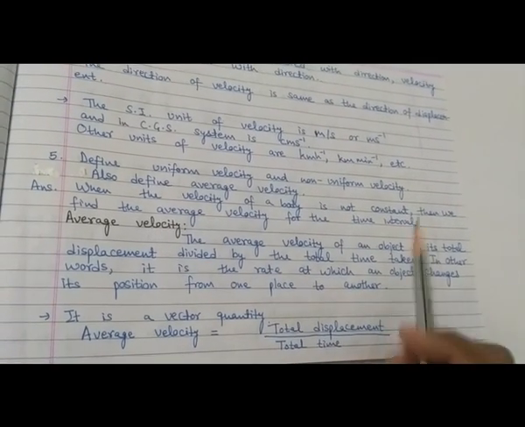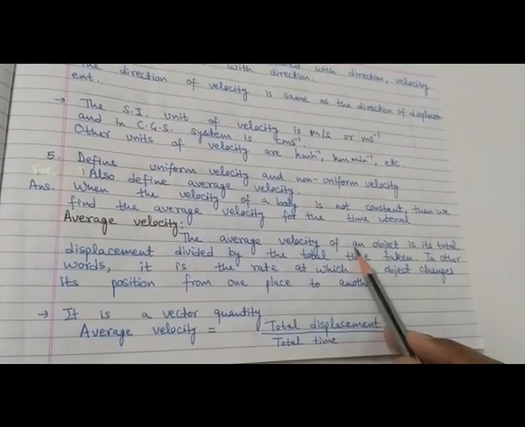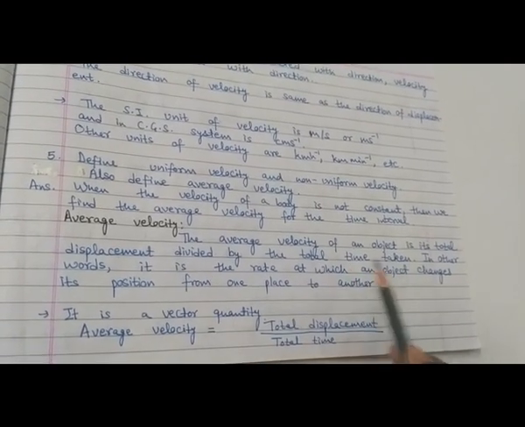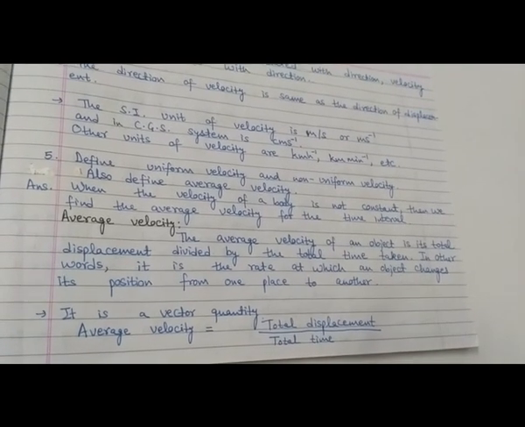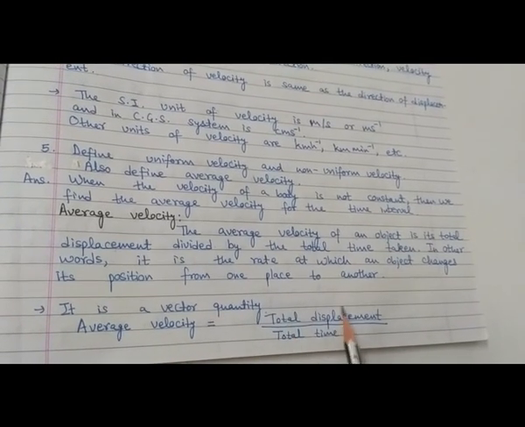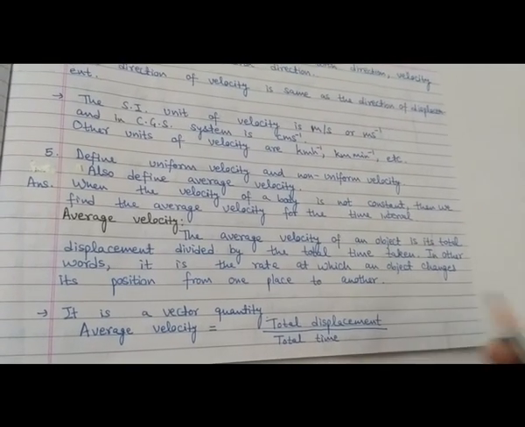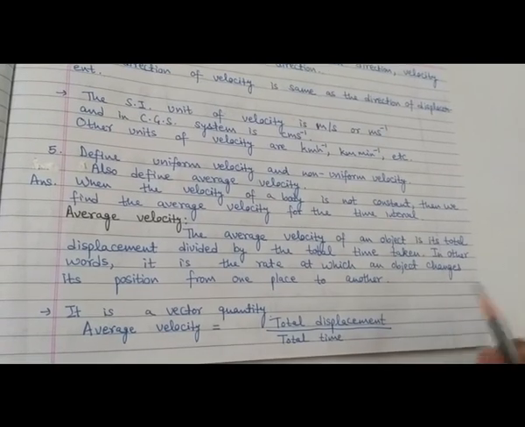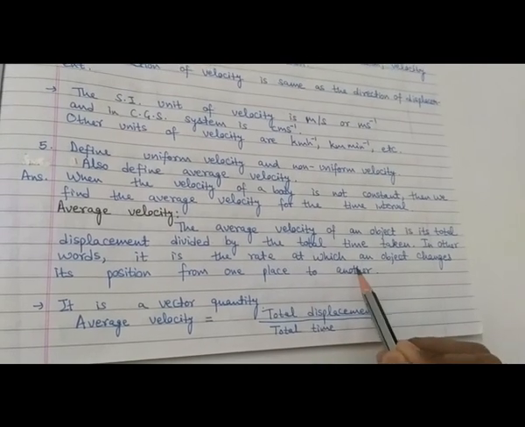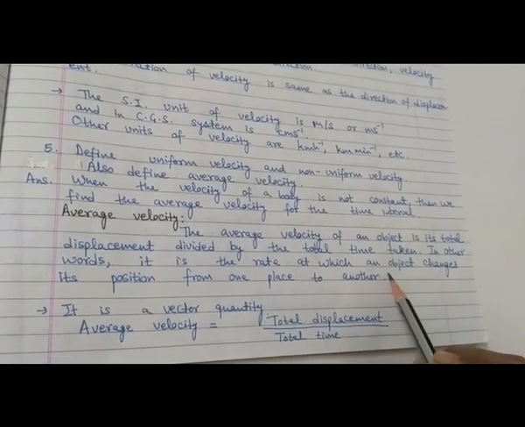The average velocity of an object is its total displacement divided by the total time taken. So the formula of average velocity is total displacement upon total time taken. Or we can also define it in other words as the rate at which an object changes its position from one place to another.